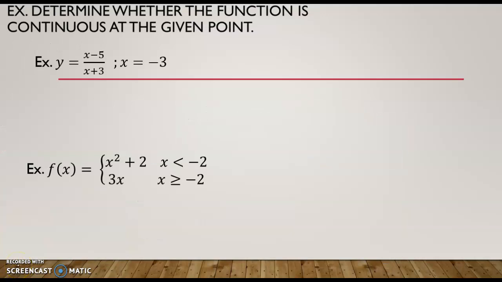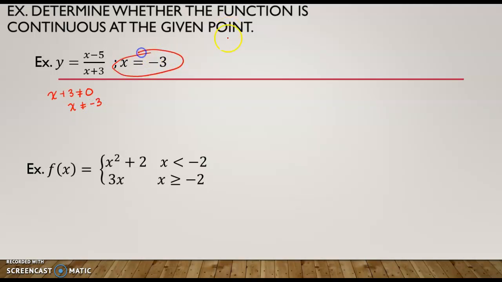All right. Here's an example. Determine whether the function is continuous at the given point. Well, right here we've got y equals x minus 5 over x plus 3. You already know from Unit 1 that x plus 3 cannot equal 0. So x cannot equal negative 3.